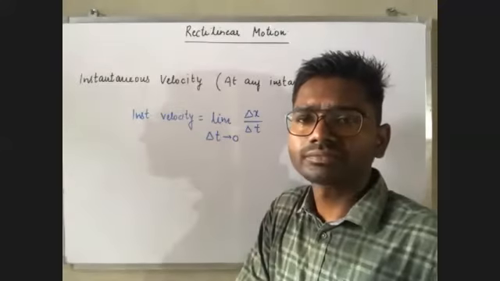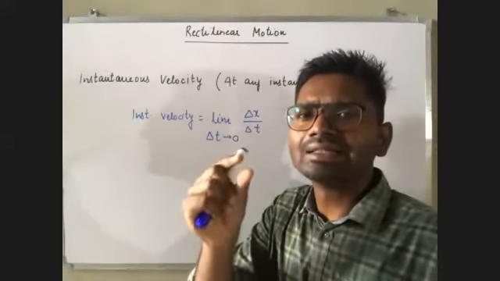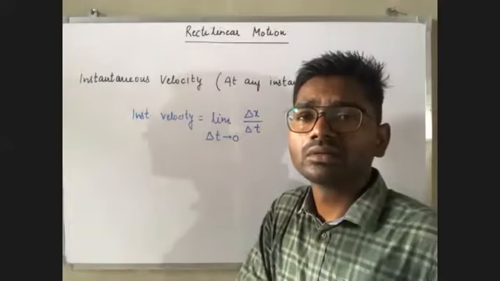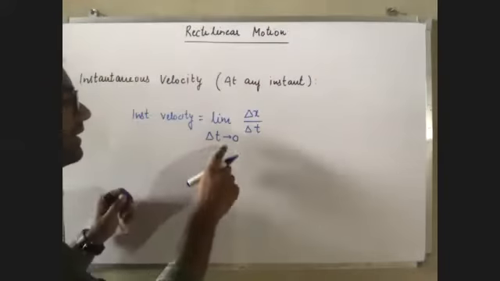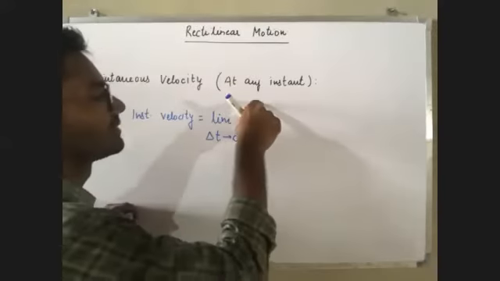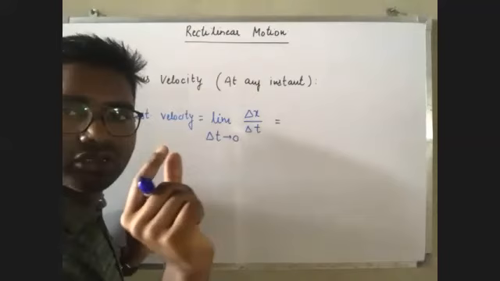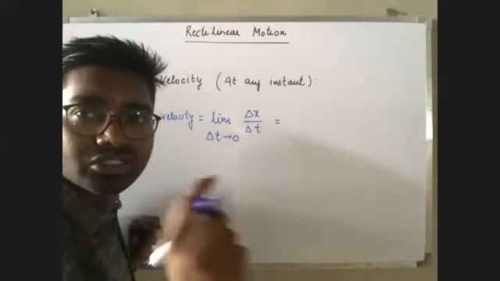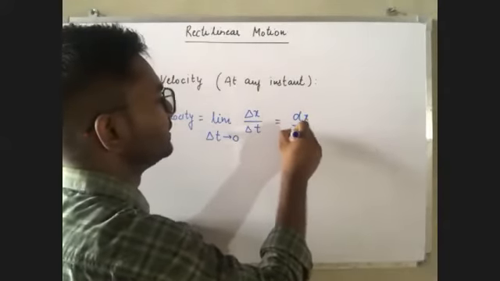In that moment the particle will just travel a very small distance. So with limit delta t tends to 0, the displacement will be very small and the time interval will be very small, and the representation of very small quantities is dx and dt.